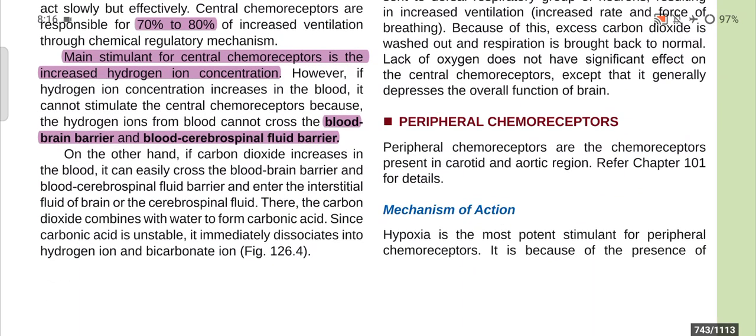On the other hand, carbon dioxide in the blood can easily cross these barriers and enter the interstitial fluid of the brain or the CSF, and there the carbon dioxide combines with water to form carbonic acid. Since carbonic acid is unstable, it immediately dissociates into hydrogen ion and bicarbonate ion.